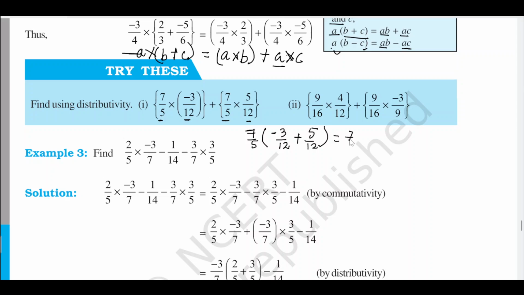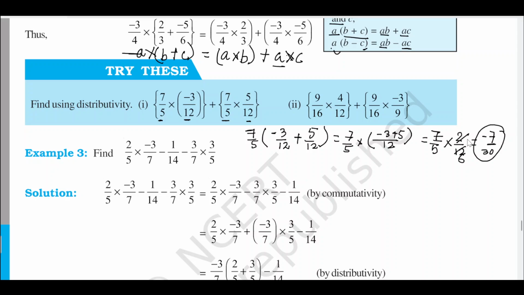So we can write 7 by 5 into (minus 3 plus 5) by 12. 7 by 5 into 2 by 12, equal to 1 by 6. So 7 by 30. We have simplified.